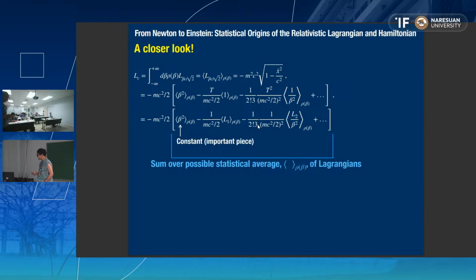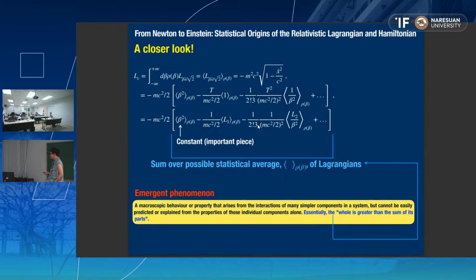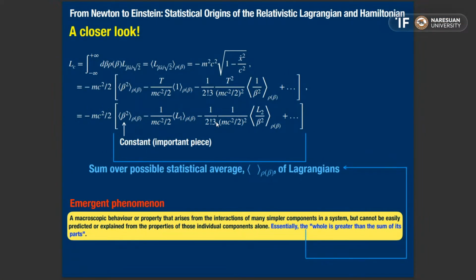So in this sense, we have a view that this might relate to an emergent phenomenon. From the internet: a macroscopic behavior or property that arises from the interaction of many simple components in the system, that cannot be easily predicted or explained from the properties of those individual components alone, something like that.